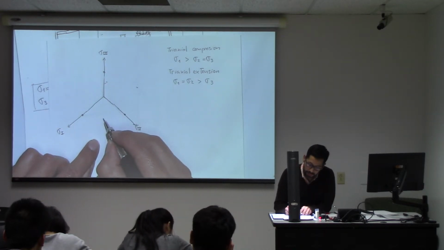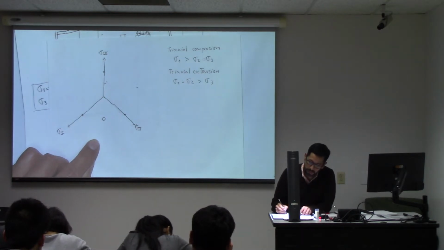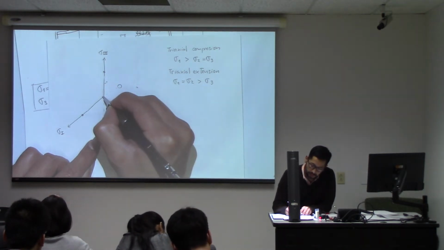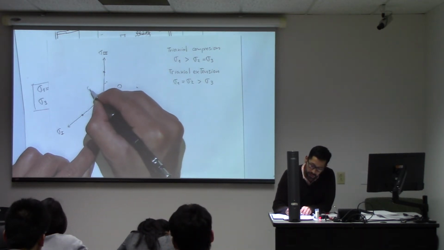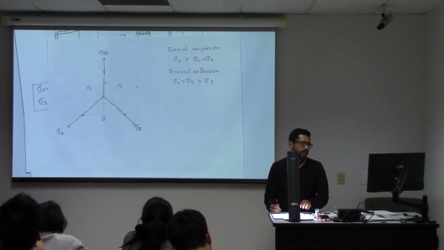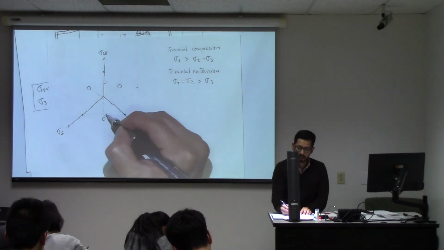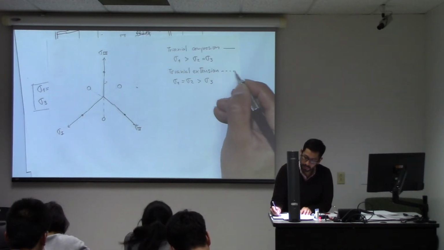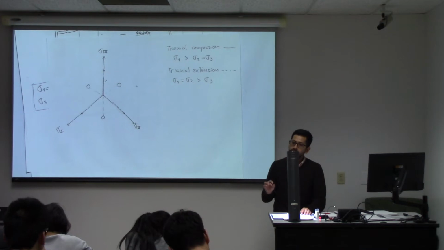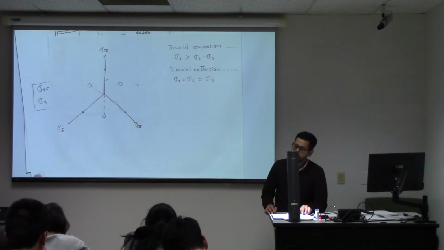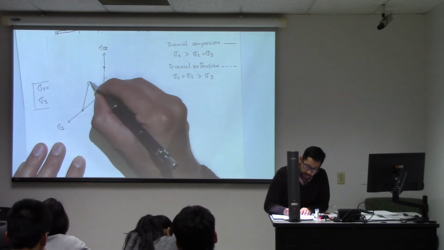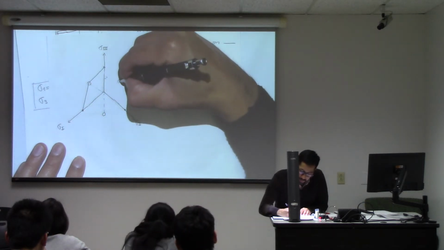That's going to be a point, let's say, somewhere over there, going in this direction. And if I go in this direction, it's going to be a point somewhere over there. If I go in that direction, it's going to be a point somewhere over there. If this is an isotropic material, all these distances should be the same. And now I don't have a regular hexagon anymore. I have something that looks a little bit different. I don't know what the shape of this is called.